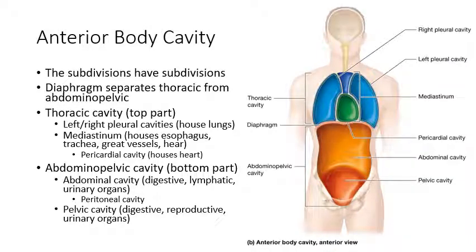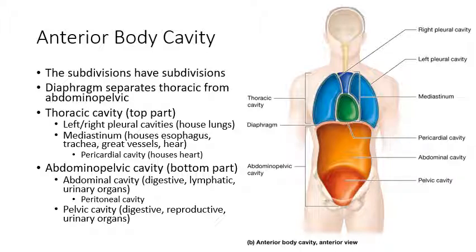The anterior body cavity has much more complex subdivisions, and some of its subdivisions even have subdivisions of their own. First, you have two major subdivisions, the thoracic cavity and the abdominopelvic cavity. On top, or superiorly, you have the thoracic cavity, then beneath it, or inferior to it, you have the abdominopelvic cavity, and in between them you have the diaphragm muscle separating them.